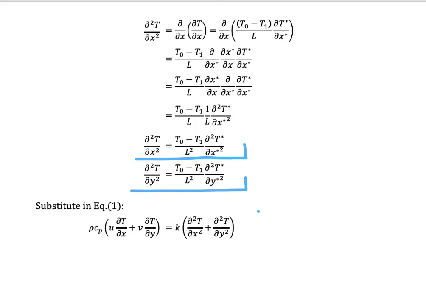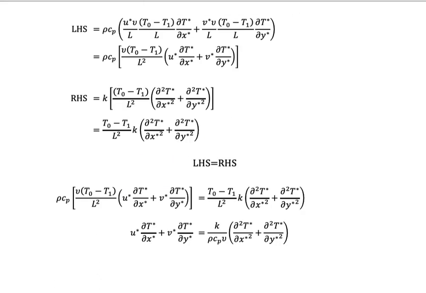Then we substitute everything into the original equation that we have here. If we go for the left hand side, we get this one. If we go for the right hand side, we have this one.